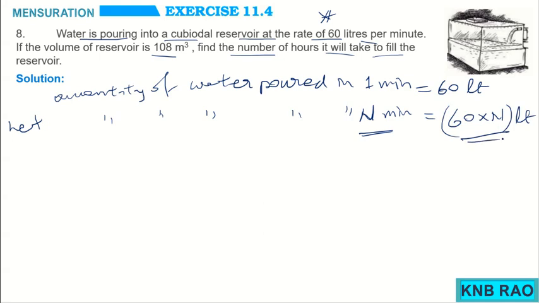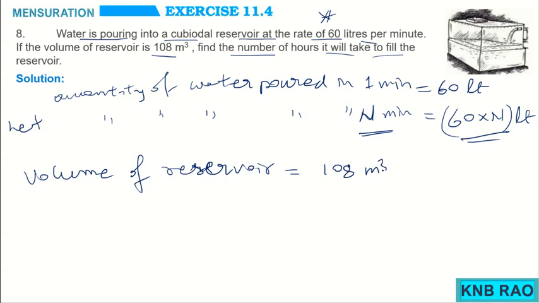Where the volume of the reservoir is 108 meter cube, which is 108 into 1000 liters. You know 1 meter cube is equal to 1000 liters. So this is the capacity of that reservoir.